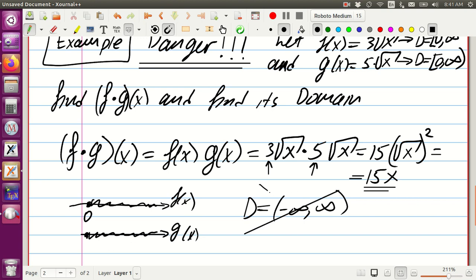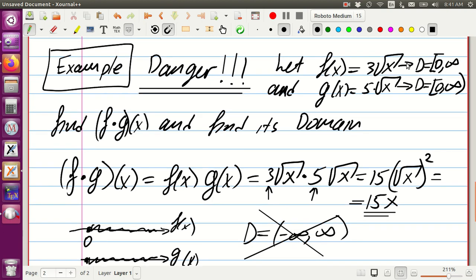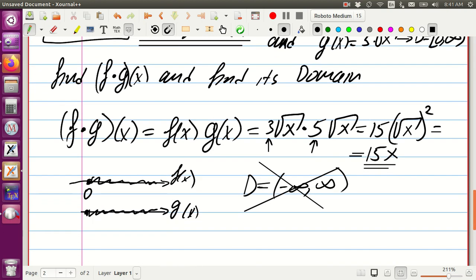So this is not really correct because I cannot plug a negative number into f or g. Conclusion: the answer for the domain should be the intersection, so it should be from 0 to infinity, with a bracket and a parenthesis. All right, so we can't really look at this answer. We have to follow the definition for the domain.